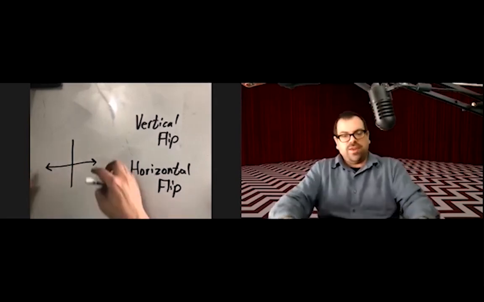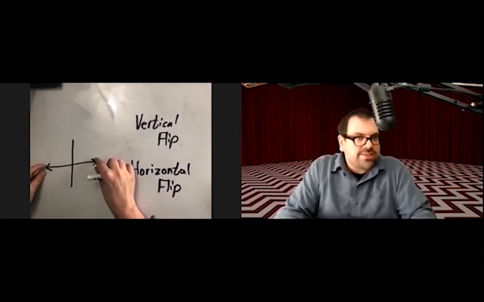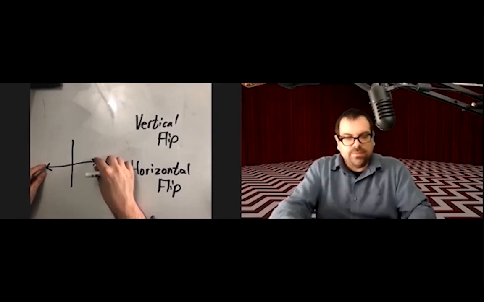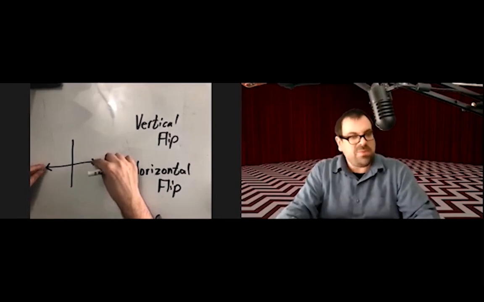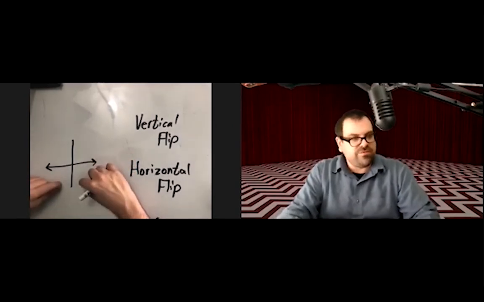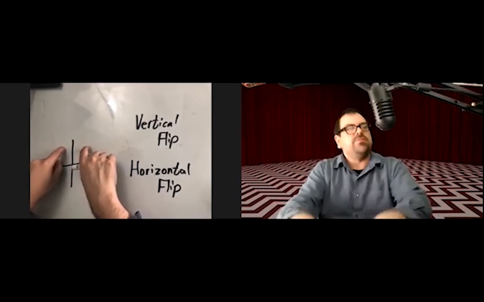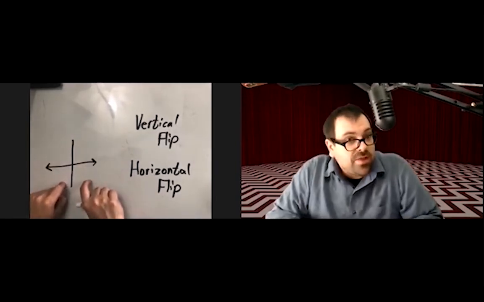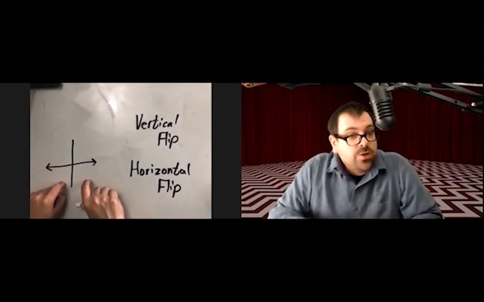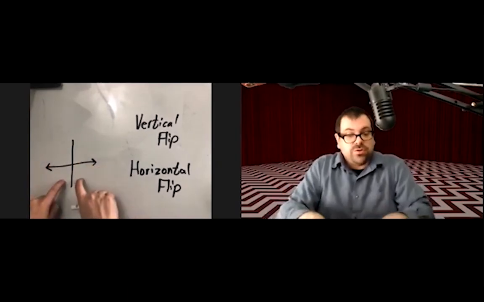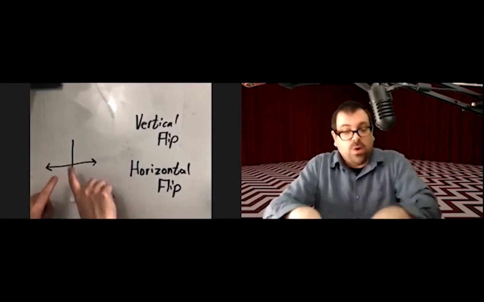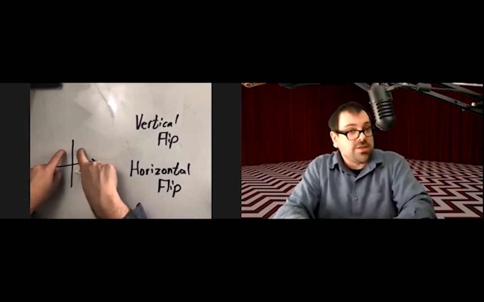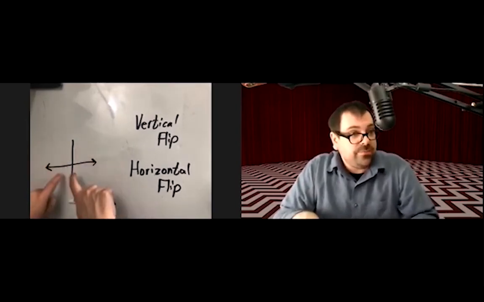A vertical flip would hold the x-axis still and spin it, just like a pinwheel. The stuff from the bottom ends up on the top. The stuff from the top ends up on the bottom. In other words, we change our y value to its opposite. Negative y's move up to positive. Positive y's move down to negative.